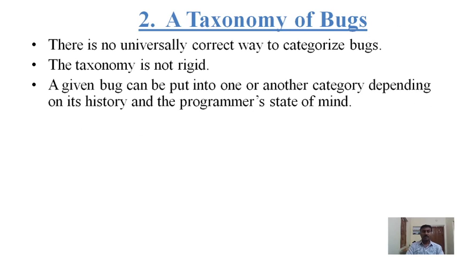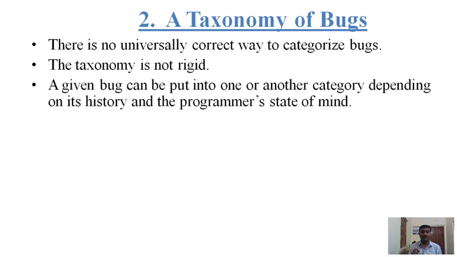If you take any bug, you can put it in one category or another, depending on its history and the programmer's state of mind. So there is no universal correct way of representing the categories of bugs.